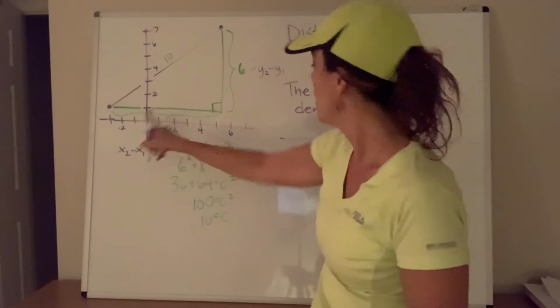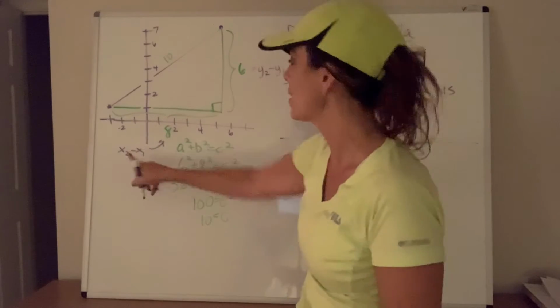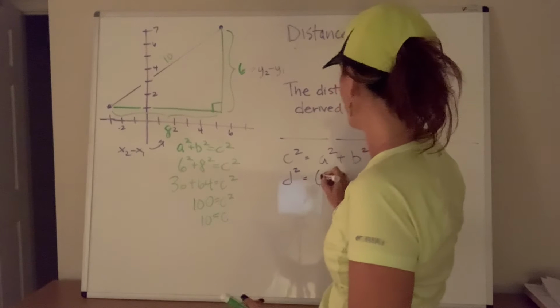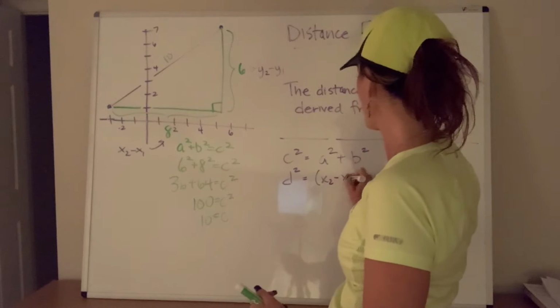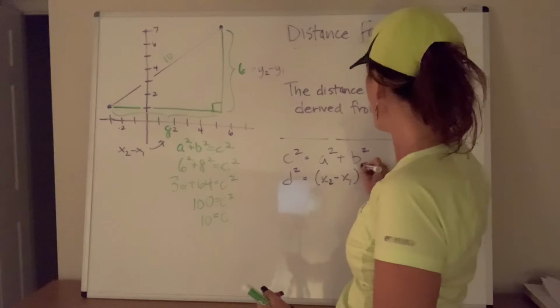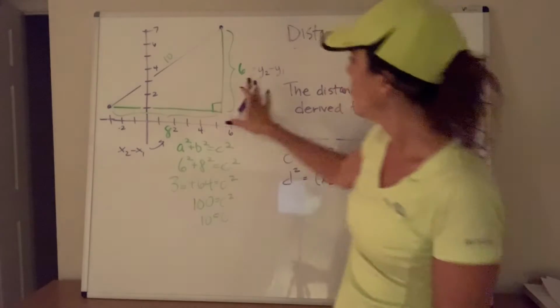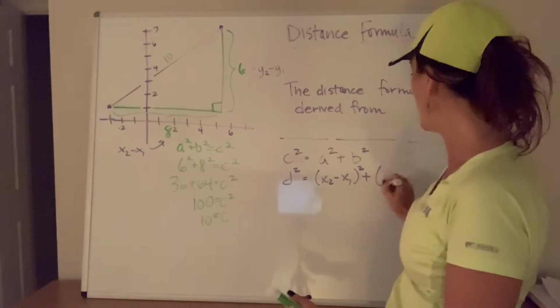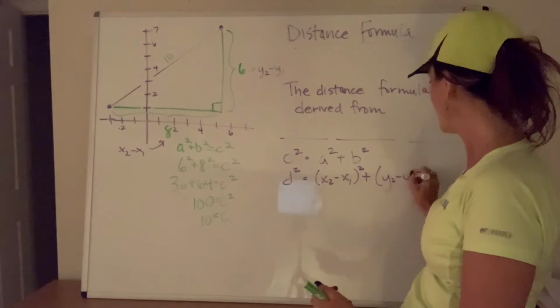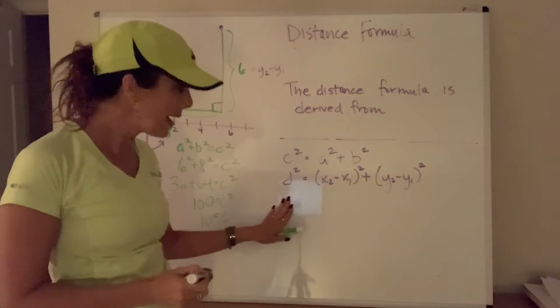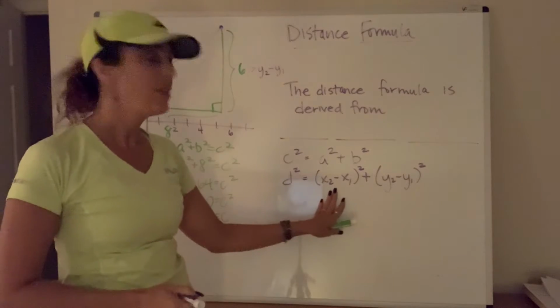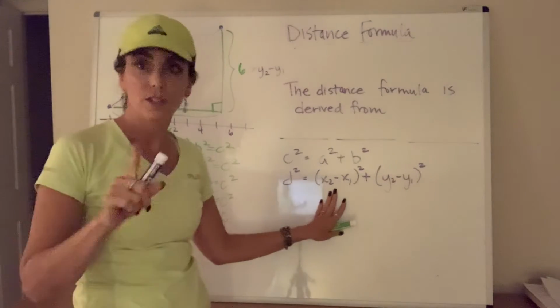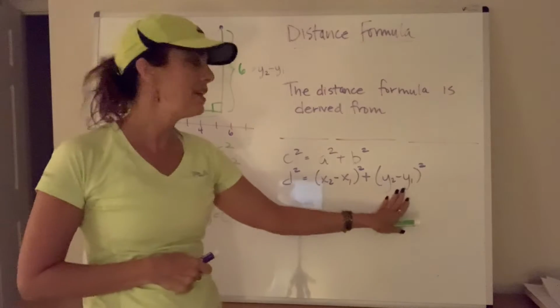So let's just say that this first one is going to be x2 minus x1, and then that's going to be squared. And then this one's going to be y2 minus y1.